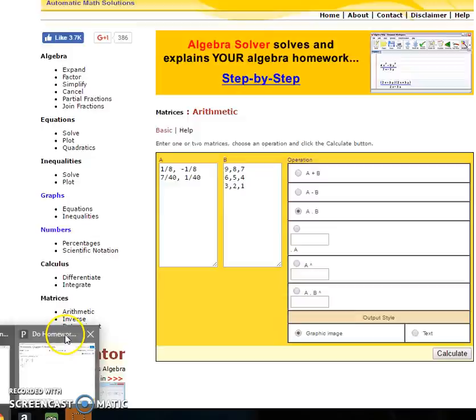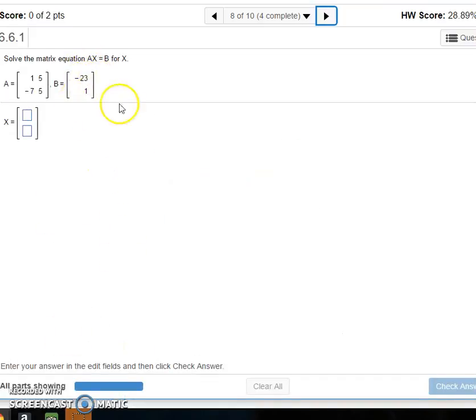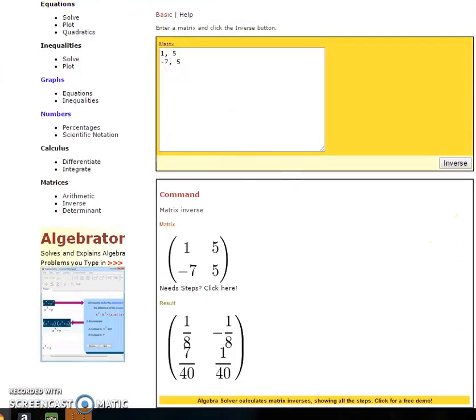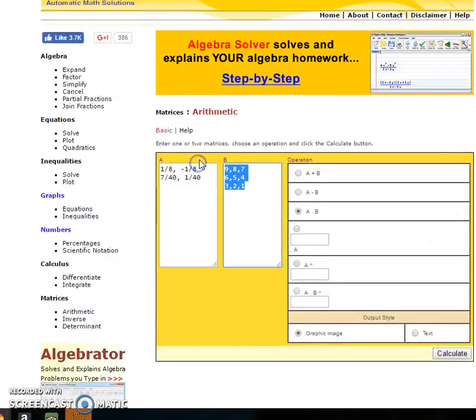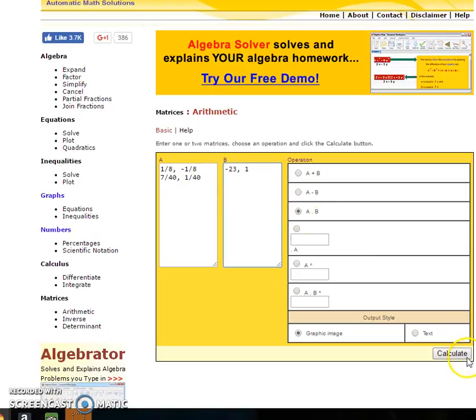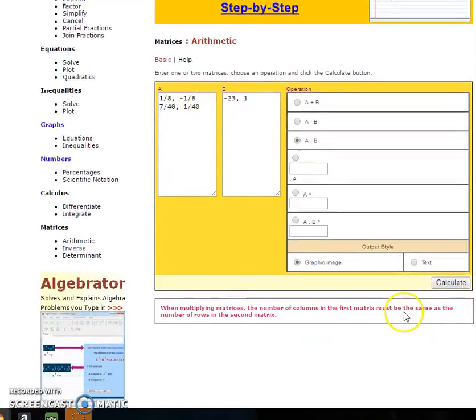I need to go back to my assignment. That's going to be negative 23, 1. I want to do the multiplication. I hit calculate.